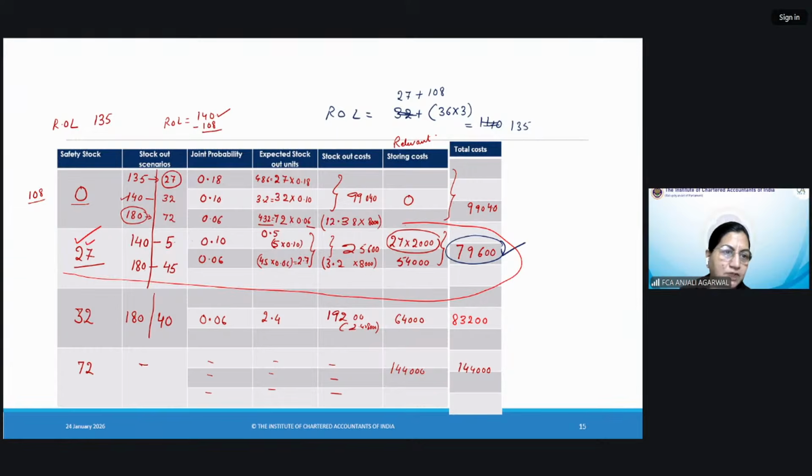We'll keep a safety stock of 27 units and prepare ourselves for this situation of 135 units. See, the joint probability of this risk is also 18%. If you had kept zero safety stock, your risk was 18 plus 10, 28, and 6, 34% risk. But now you are taking only 16% risk, and that much risk is worth taking in a business decision.